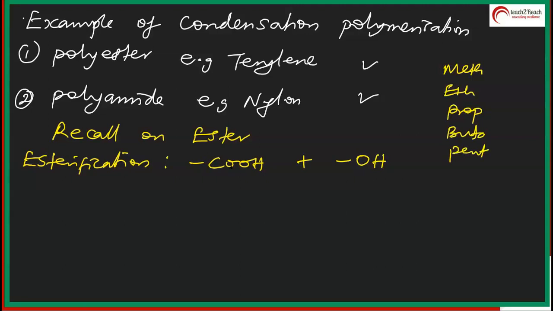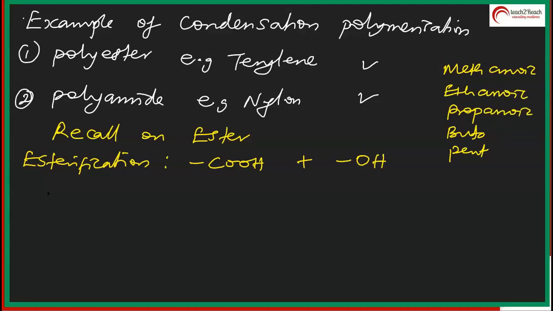So your carboxylic acids end in -anoic. So you have methanoic, 1 carbon; ethanoic, 2 carbon; propanoic, 3 carbon atoms, and it continues like that.